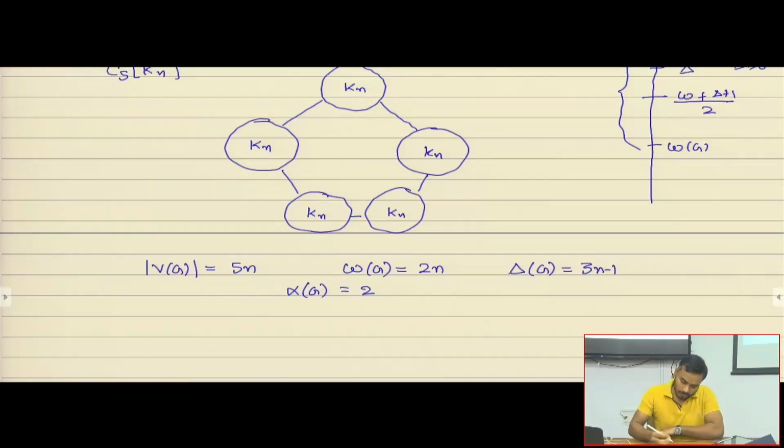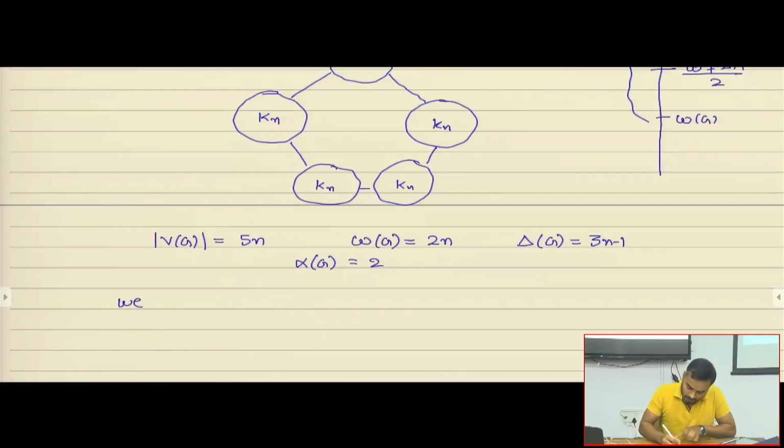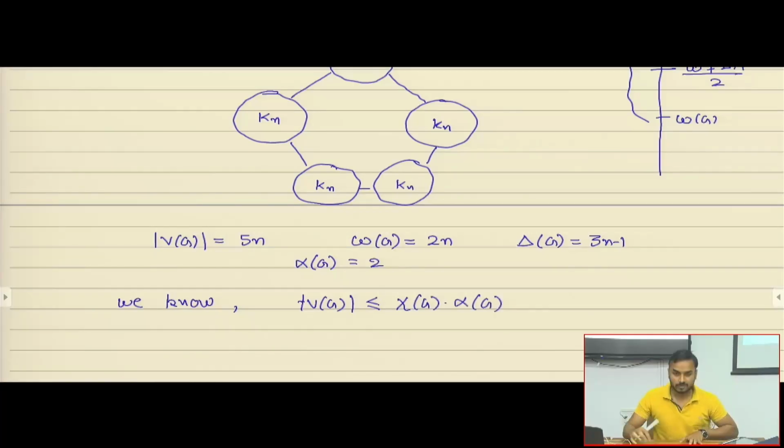Okay, so we know that the cardinality of V(G) is at most chi(G) into alpha(G).